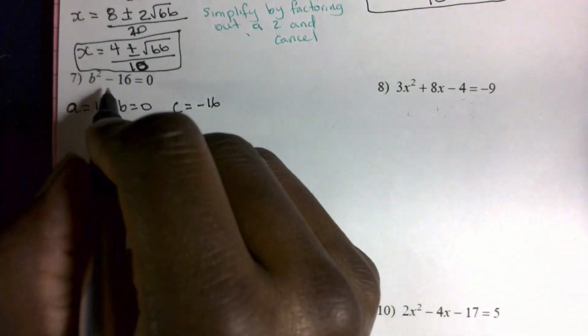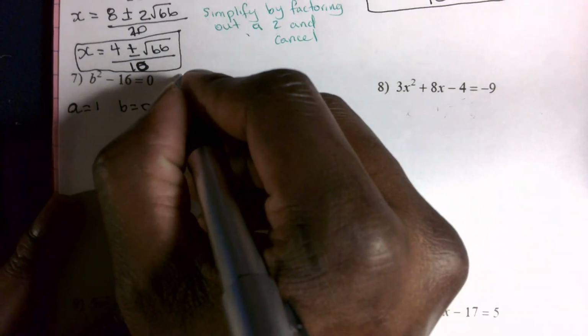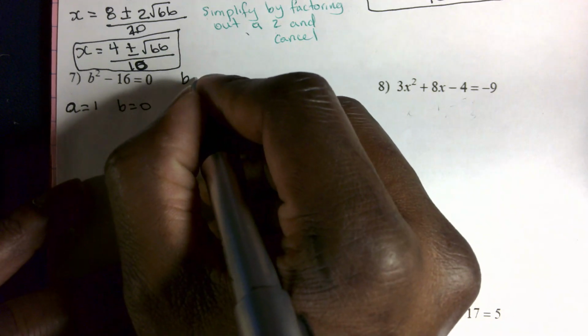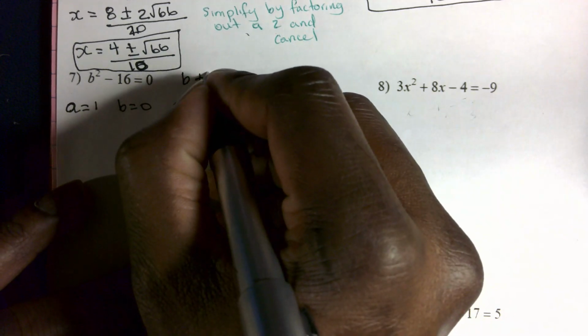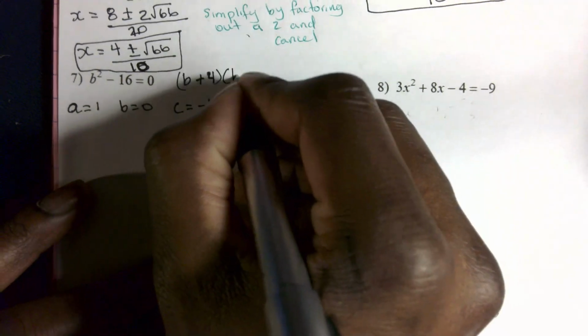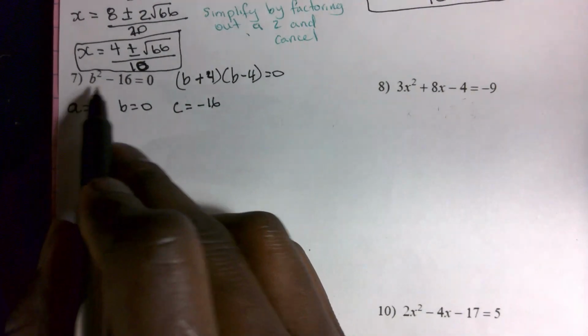This problem is the difference of two squares, so you can write b plus 4 and b minus 4 equals 0, but I'm going to solve it using the quadratic formula, because these are perfect squares.